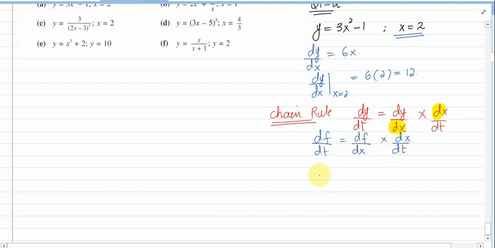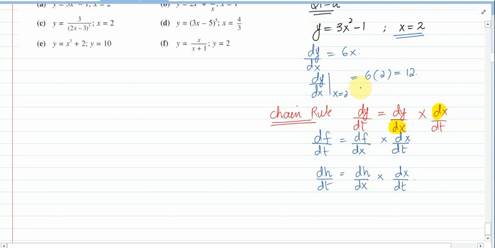Take one more: if I say dh upon dt, then first dh upon dx multiplied by dx upon dt. These two variables must be the same. h depends on x, or any two variables can be given in this form. In my case, y depends on x, so that is why I've written dy upon dx. Let's suppose if you have area depending on radius, you will write dA upon dr and vice versa. So that is the chain rule.